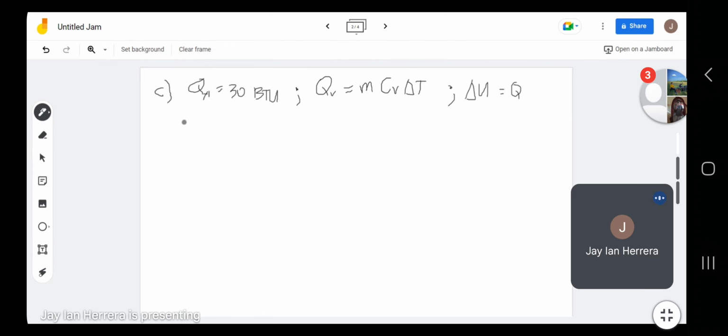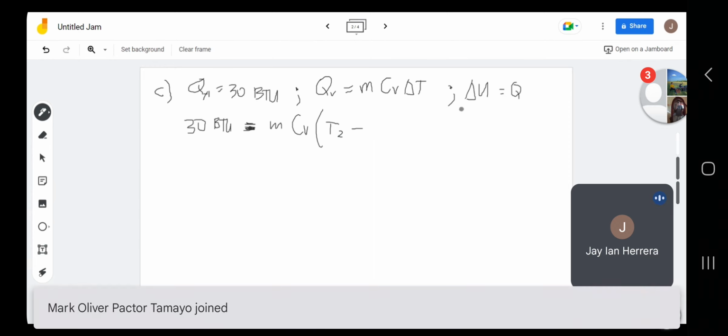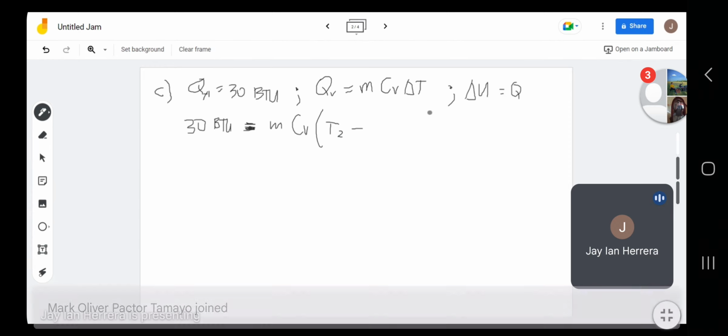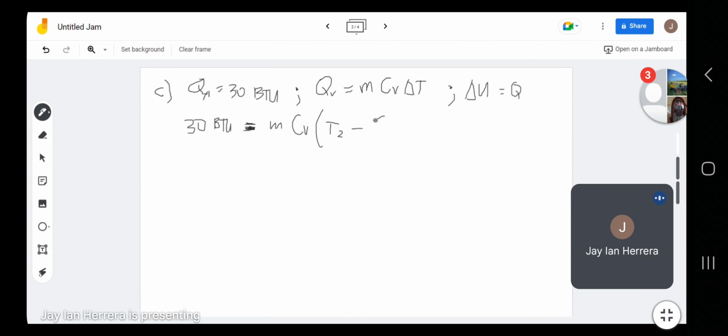So we have 30 BTU equivalent to... Hinahanap natin ito is final temperature. So, we have mass Cv multiplied by T2 minus our initial temperature na 80 degree Fahrenheit. So that is 540.